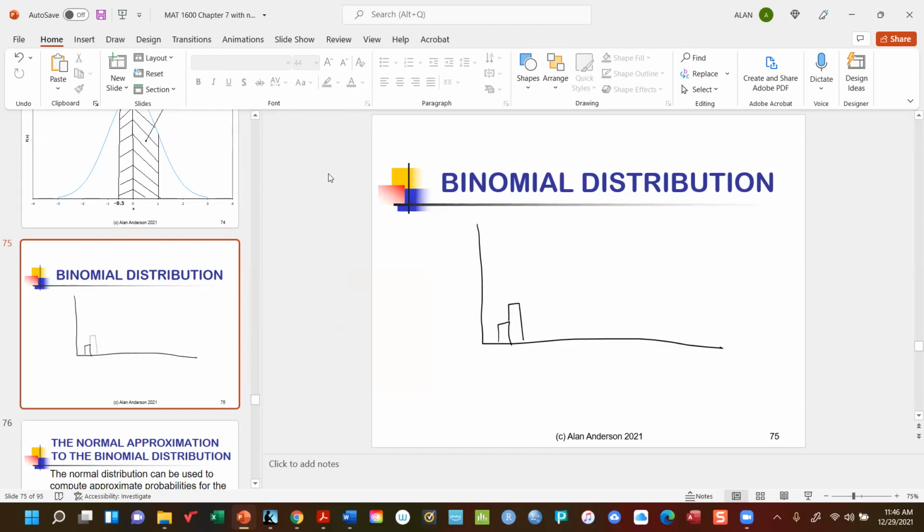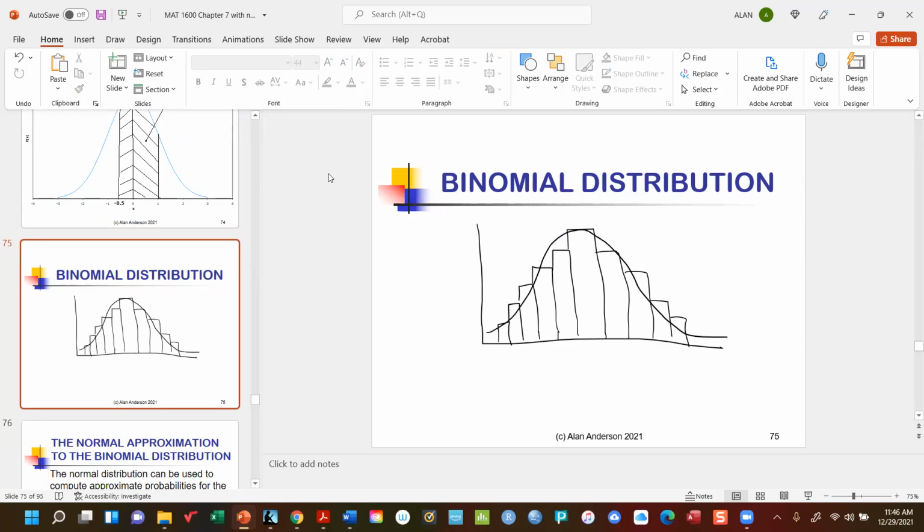If you have enough trials, the histogram starts to look something like this, and you notice that it starts to resemble very closely something we've already seen. Oh, look at that.